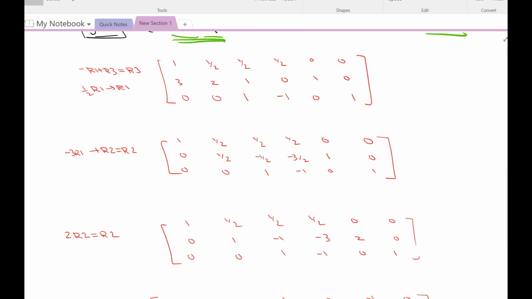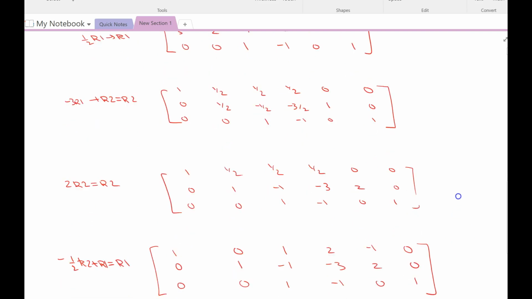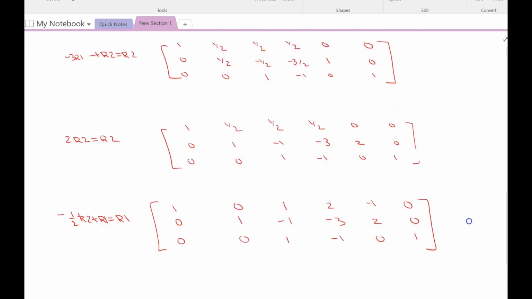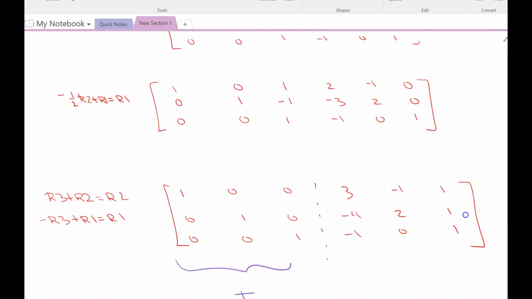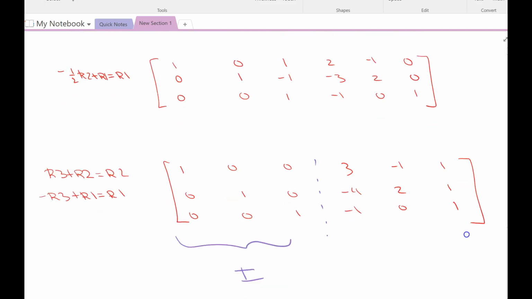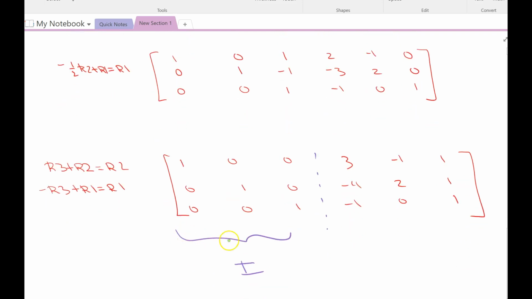We're here. Then I do some more. Again, this is all elementary, but do you see how A is slowly but surely evolving to a place where I get, look at that, my final picture. I have used row ops and I've gotten I on the left-hand side.